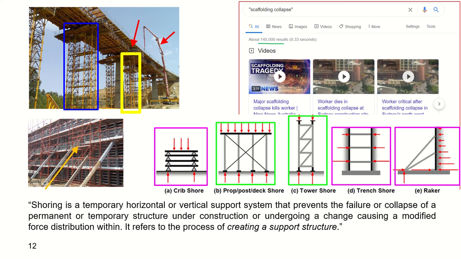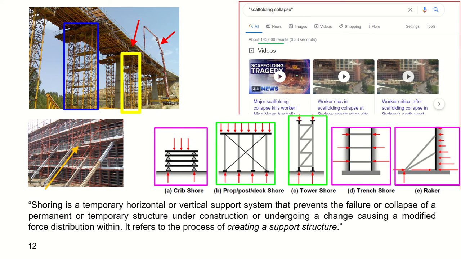So here you can see different types of shoring systems. A shoring system is a temporary structure including many horizontal and vertical items, and the whole system is going to prevent the failure or collapse of a permanent or temporary structure.